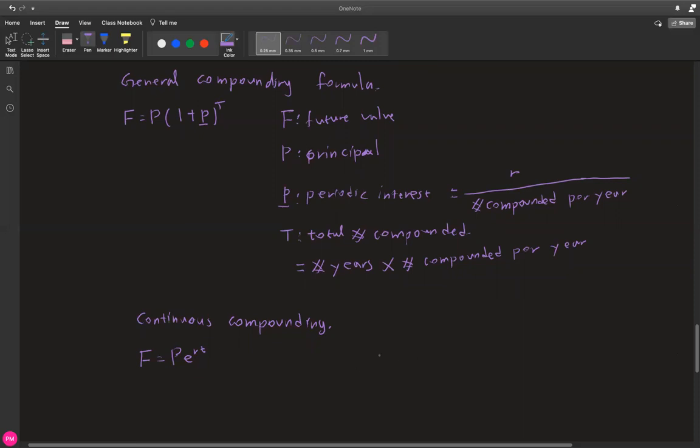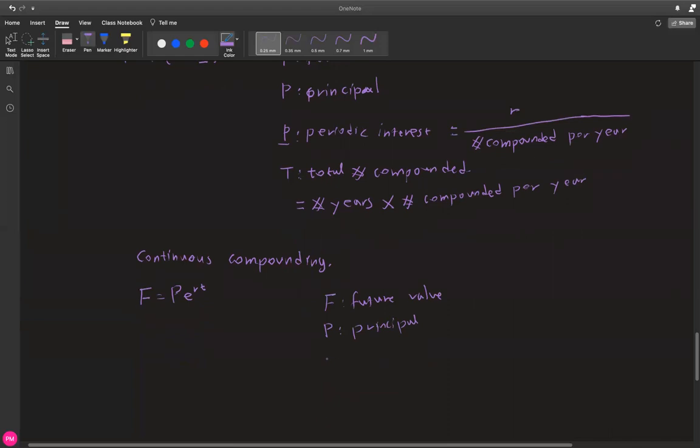So given this formula, we know already that F here is the future value. P is the principal. R is the APR in decimal. And lastly, T is the number of years.